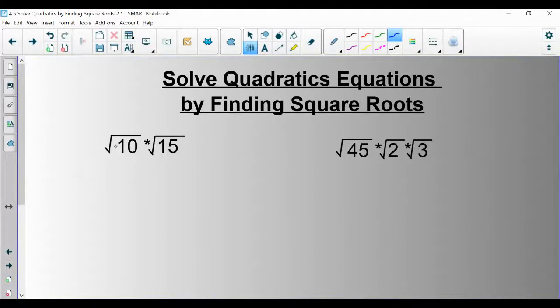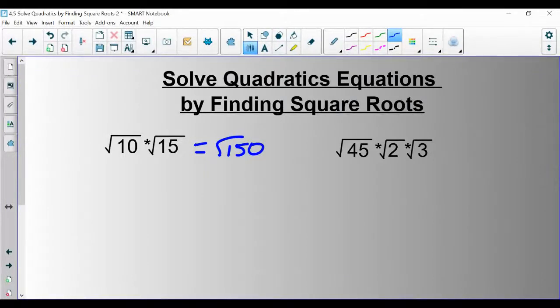Root 10 doesn't have any perfect square factors. The only numbers that are smaller than 10 are 4 and 9, and neither of those numbers can multiply to 10. Very same thing with 15. But our product property says that I can multiply these things, and it will be the square root of 150. And now I'm going to look at the number 150 and decide if that has any perfect square factors.